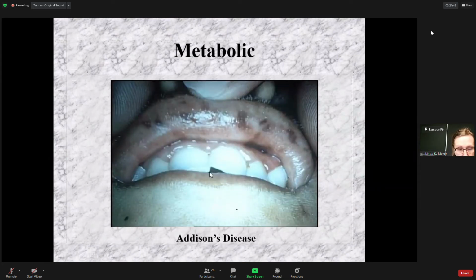An example in this class is a disease called Addison's disease. It affects the production of steroid hormones by our adrenal glands, the adrenal cortex. And one of the unusual manifestations of it is melanin pigmentation of the oral mucosa. So here's another example of an underlying systemic disease that may have oral manifestations.